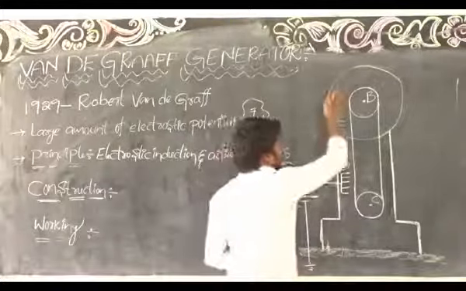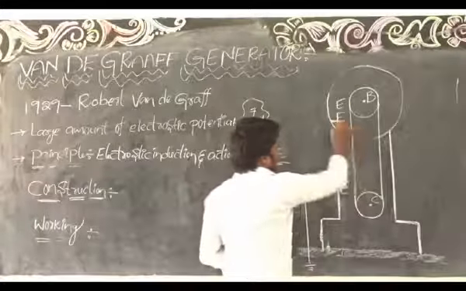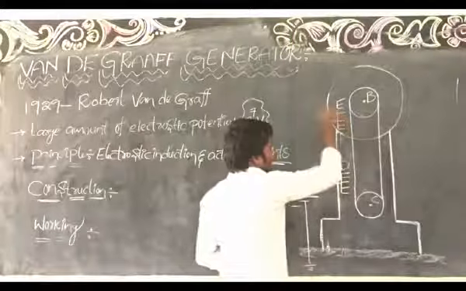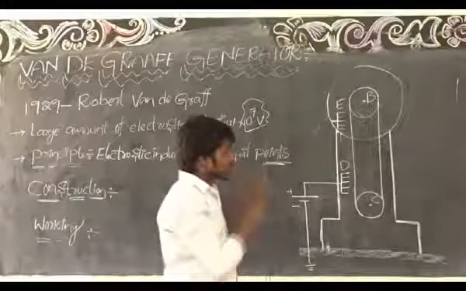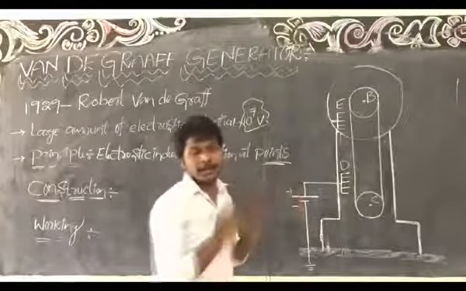This is the sphere, and this conductor is fixed. Okay, this is the construction of our Van de Graaff generator.